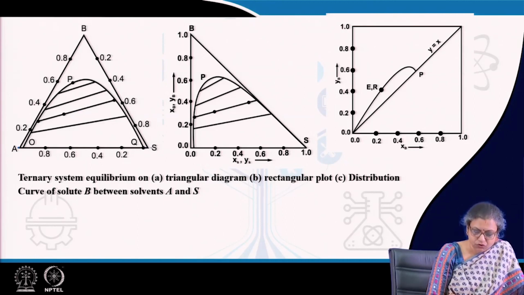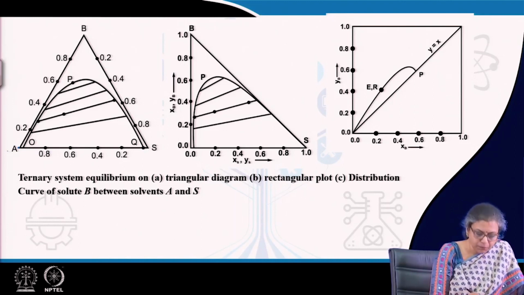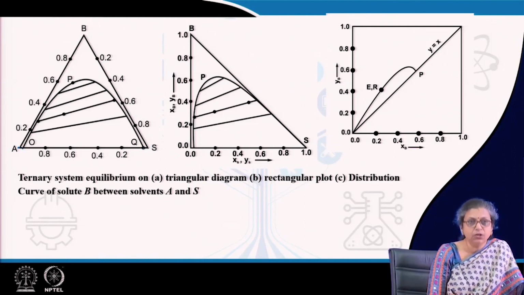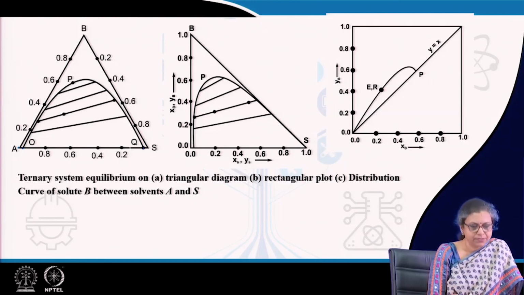Now, since the solubility of S in A is very less, we find that some particular equilibrium curve is established between A and S. The more insoluble they are, the closer these points will be to the two particular apices, and if they are more soluble, then they will be more removed from the apices.